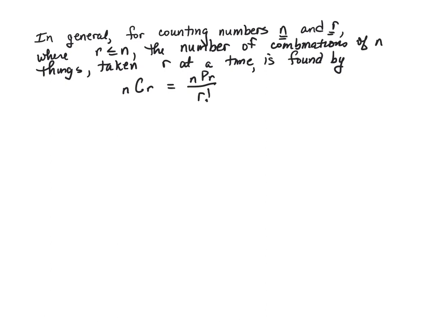Okay, and on your scientific calculators, there should be a permutation key that looks like this, and a combination key, and similarly this. And that key would help you evaluate n choose r, depending on what n and r happen to be.